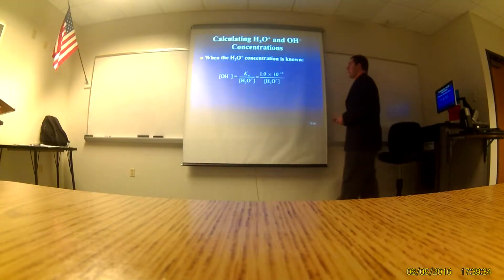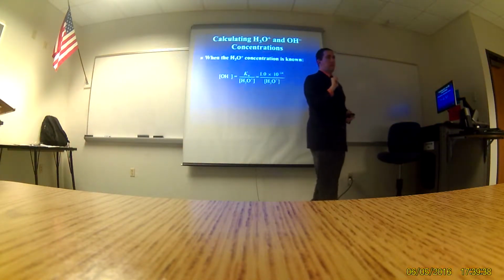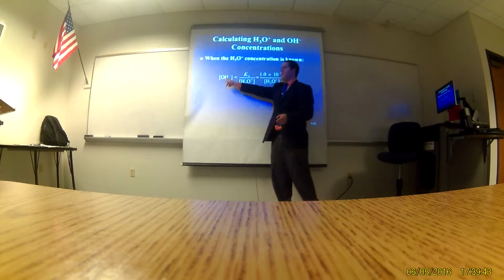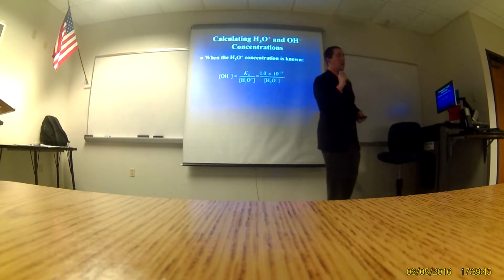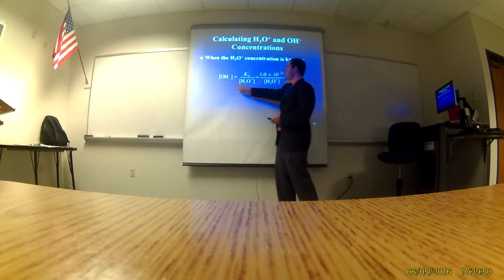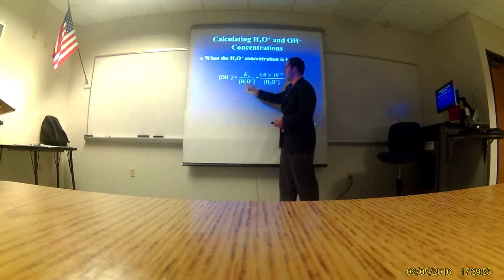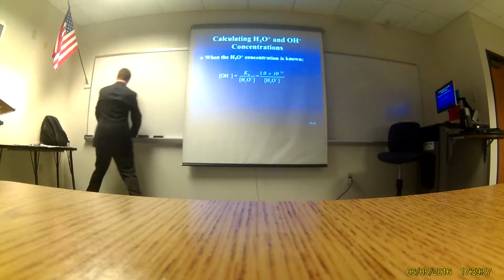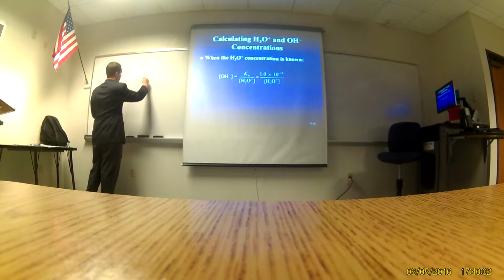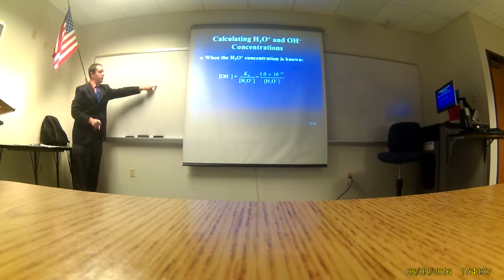So if we know H3O plus concentration, KW is always the same, so we can solve for OH minus concentration. All we have to do is know the H3O plus concentration, and we automatically know the OH minus also. It's just going to be KW divided by H3O plus. KW equals, they just solved for that.